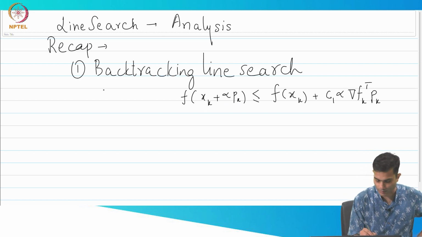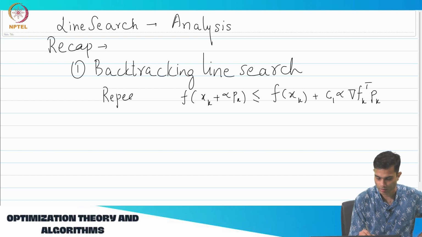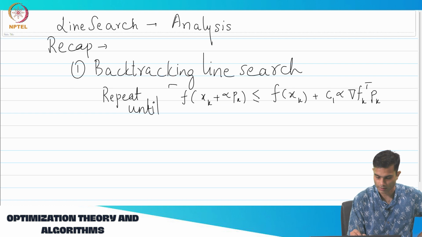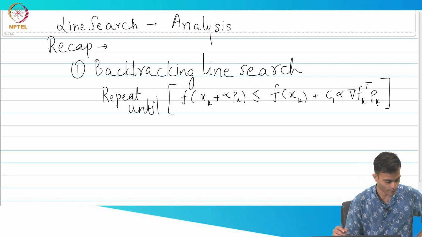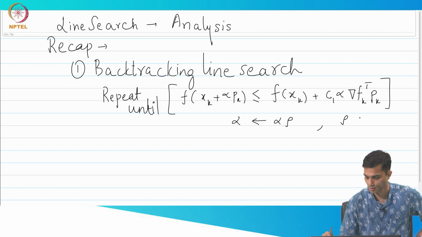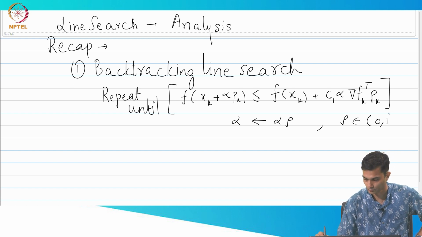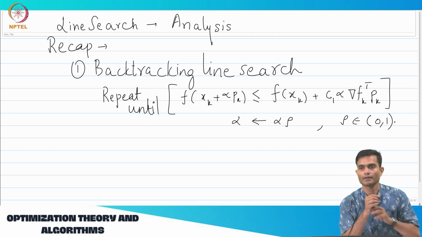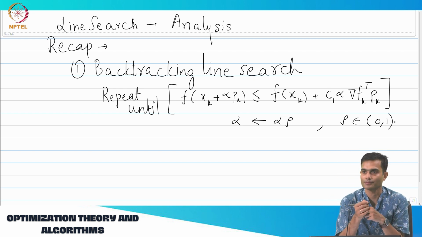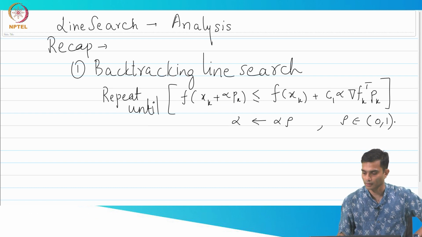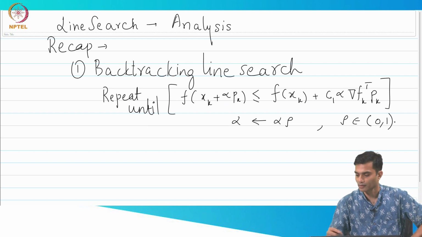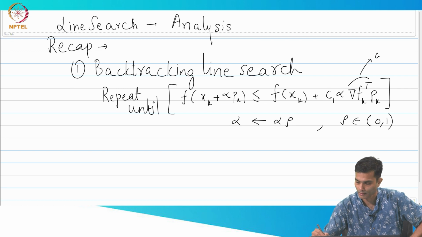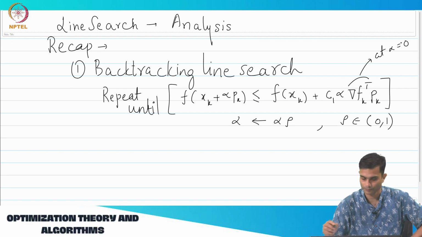And this was c1, and I repeat until this holds true, and you keep updating alpha like this. That was our very simple update. It required function evaluations, and only one gradient, which is the gradient at alpha equal to 0.